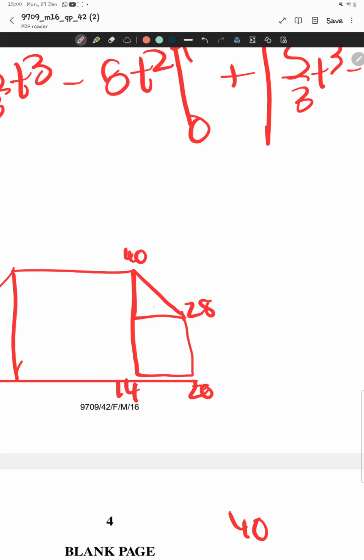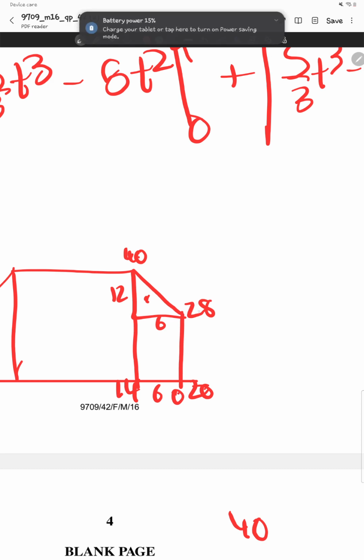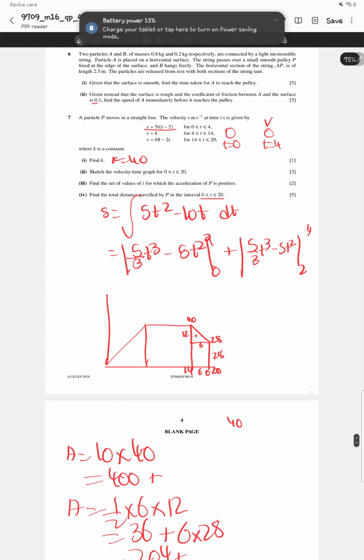A good way to do that would be to apply the trapezium formula, or you can separate both of them and use a triangle and a rectangle. This is 0, this is 28, this is 40. So the height of this triangle is 12, and its base is 6. Here the base remains the same, and since this is 0, this is 28, this would be 28 as well. So that's how you found it.